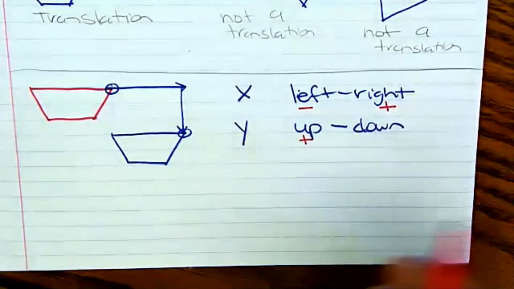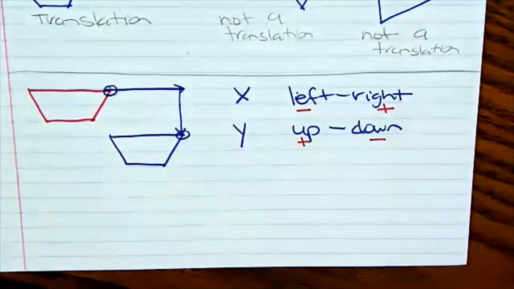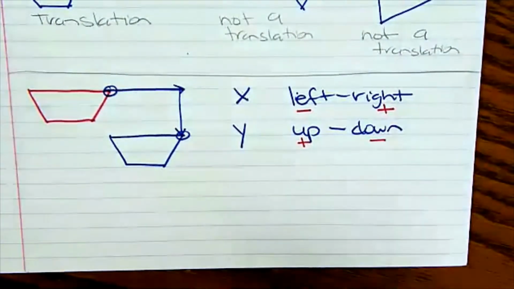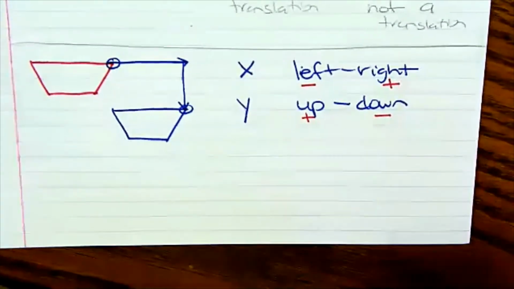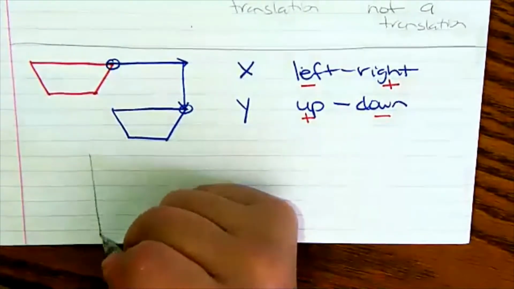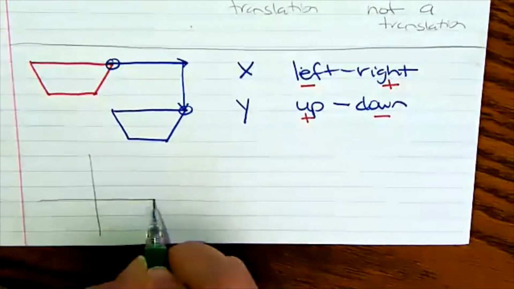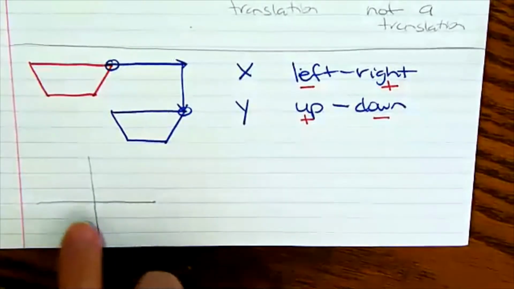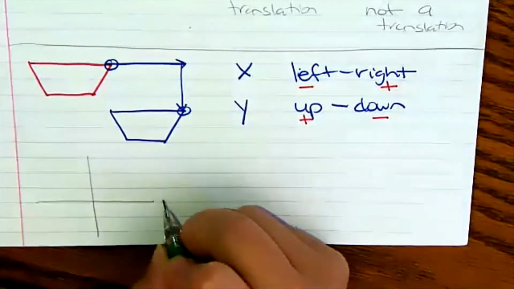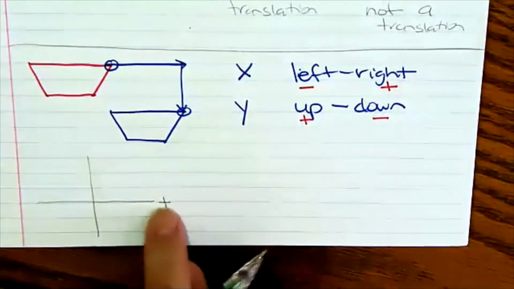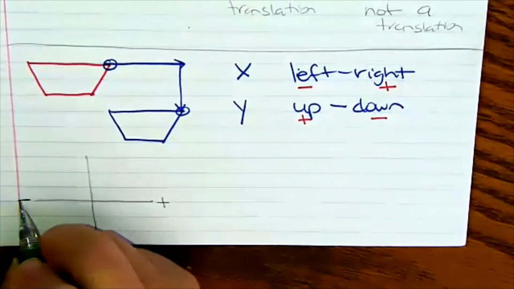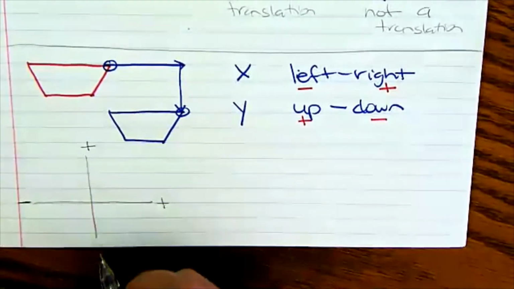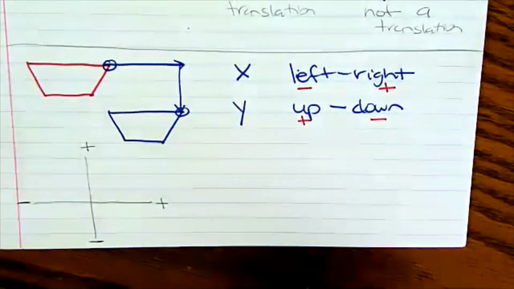Up is positive, down is negative. Another way of thinking about it is, if you have a coordinate grid and your original is sliding to the right, it's positive. If it's sliding to the left, it's negative. If it's going up, it's positive, or if it's going down, it's negative.